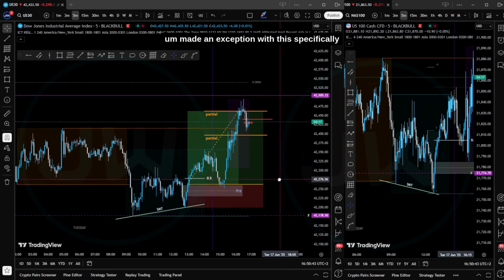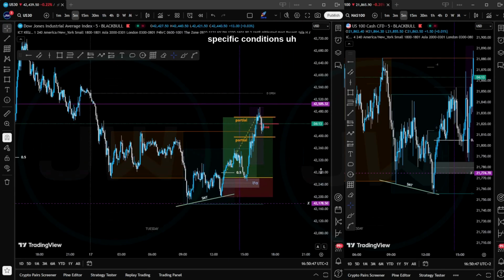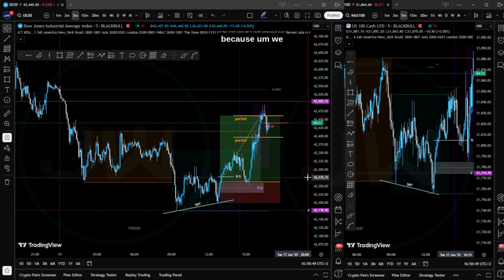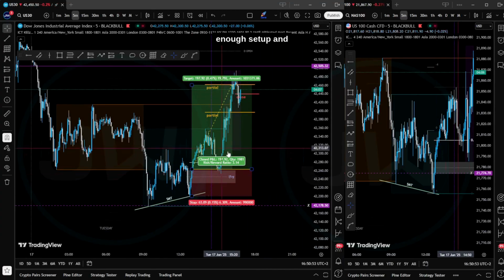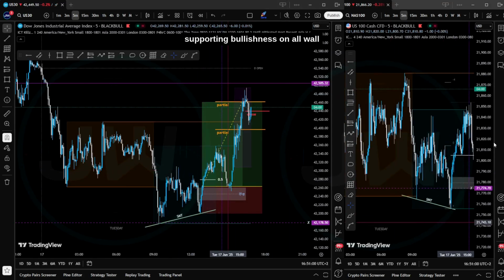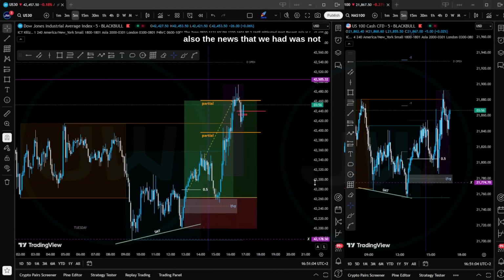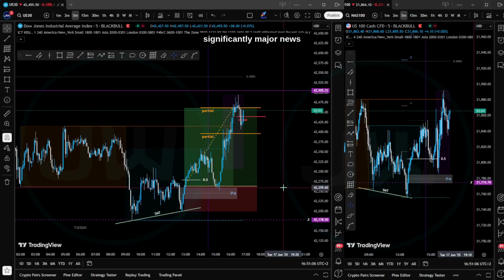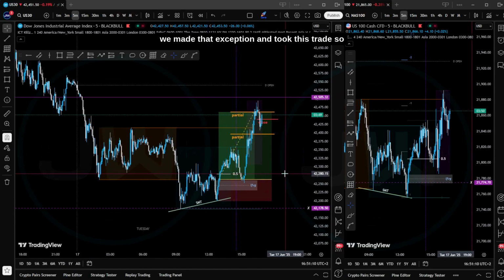But I made an exception with these specific conditions because we had a good enough setup, and we had price supporting bullishness on all fronts, and also the news that we had was not significantly major news. We made that exception and took this trade.